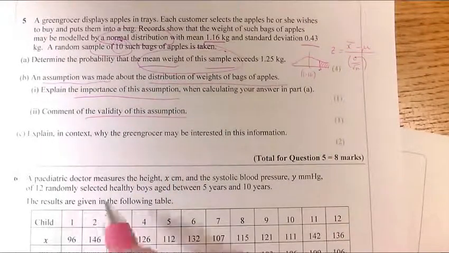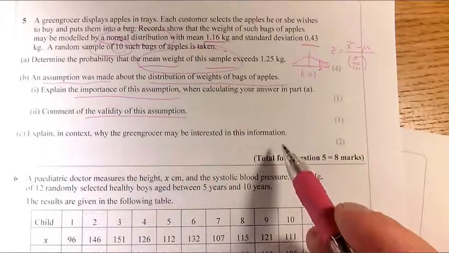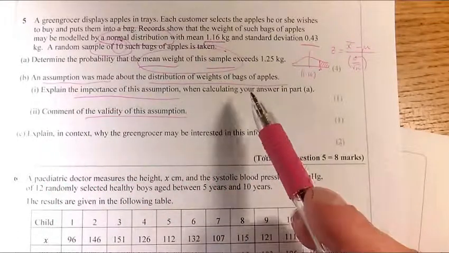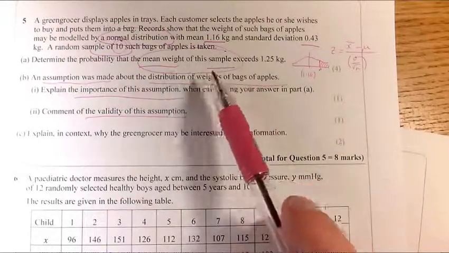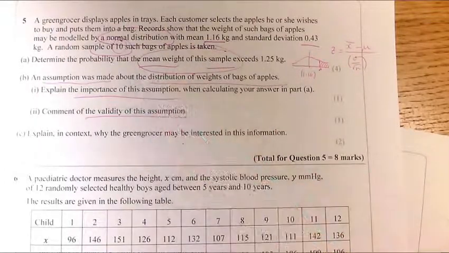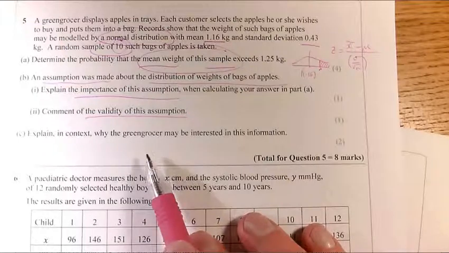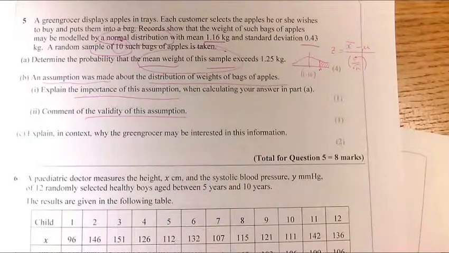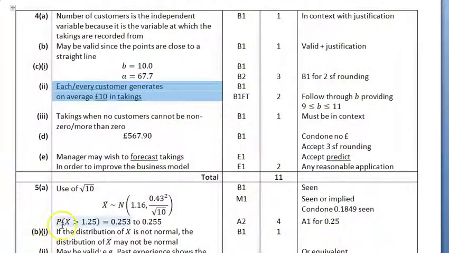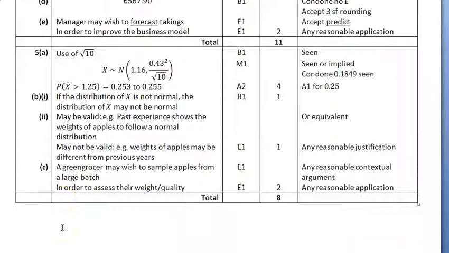And why might the greengrocer care about this? Well, if people are buying bags of apples, the greengrocers may be interested in the behaviour of people, what weight of apples they tend to put in bags. The mark scheme gives a little bit of a waffly answer to that part of the question: a greengrocer may wish to sample apples from large bags in order to assess their weight and quality.